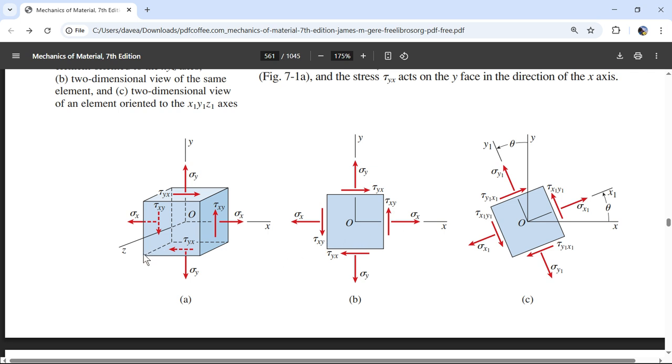It still looks like this, and I'm cutting it at a 20-degree angle. I'm going to have all of this normal stress on this face, and all of this shear stress on this face. But on this face, maybe I only have a third of this area. And so the shear force up is going to be this pressure times a third of this area, and this normal force is going to be this normal pressure times a third of this area.